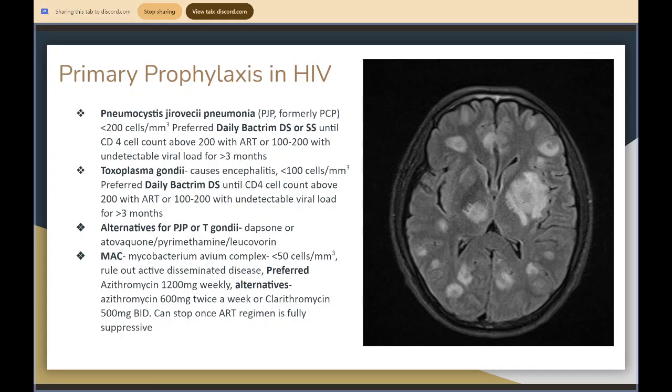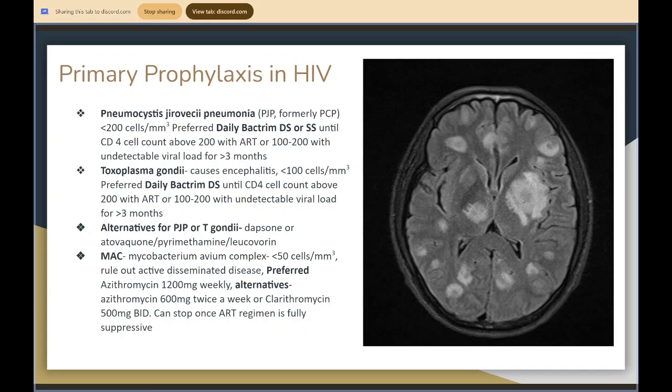All of these treatments are in addition to restarting or getting the patient on the right regimen for ART. And alternatives for Bactrim are going to be dapsone or atovaquone, as well as pyrimethamine and leucovorin. We'll talk more about that later.